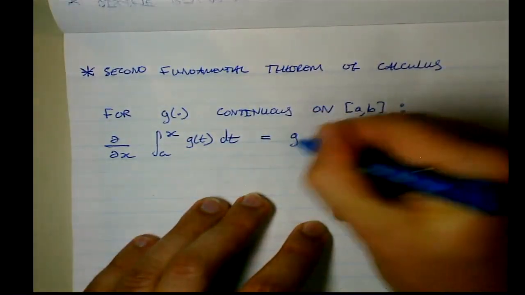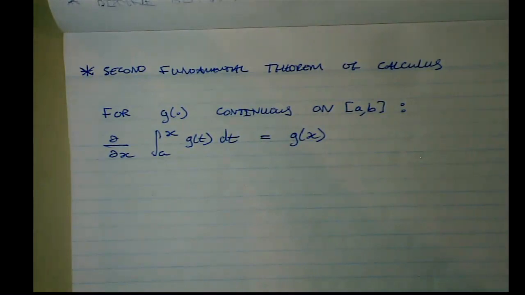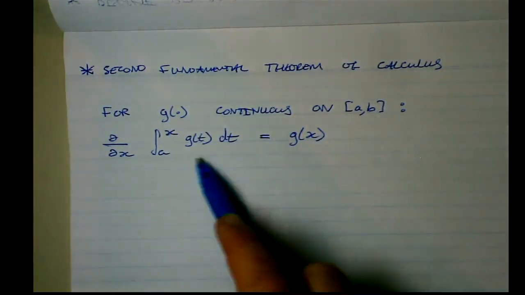I get g of x. That is the second fundamental theorem of calculus. Okay, if I differentiate an integral whose upper limit is x, and g is continuous, I get g of x.